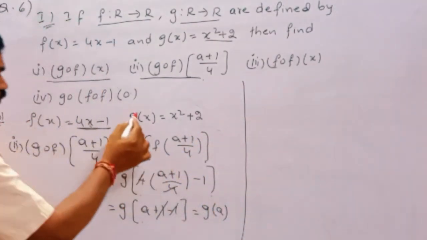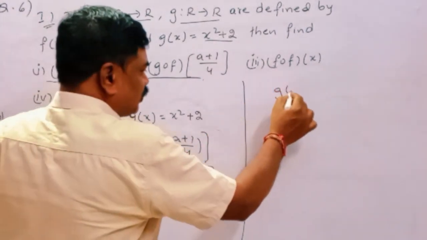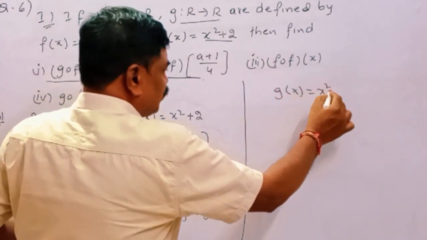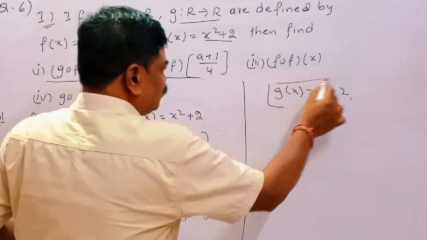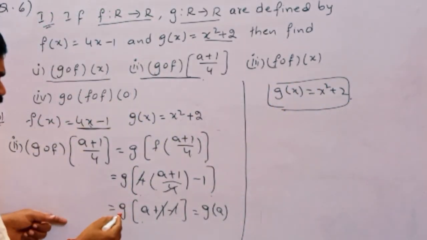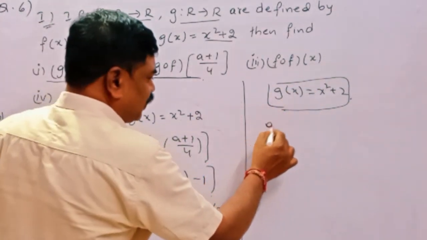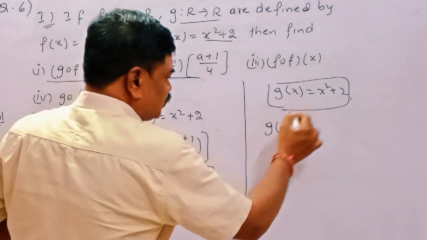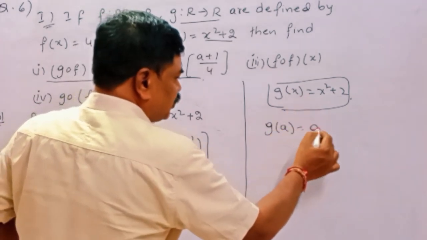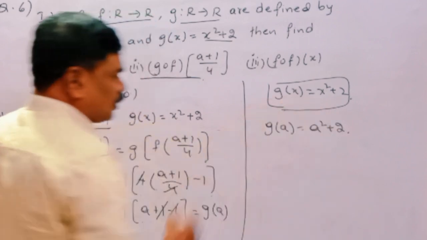But what is g of x? g of x is equal to x square plus 2. Then g of a is equal to what? Instead of x, a is there, so a square plus 2.